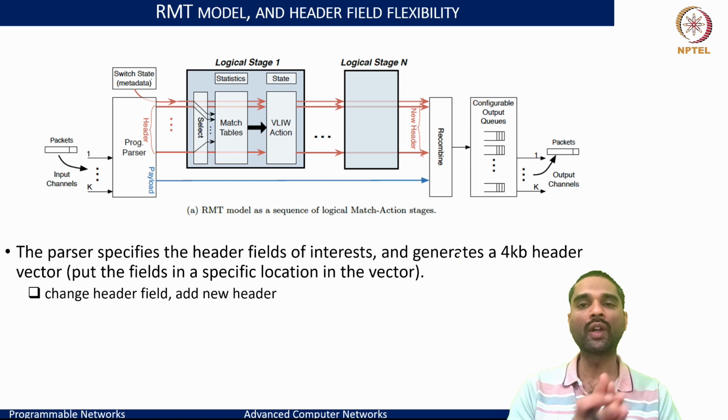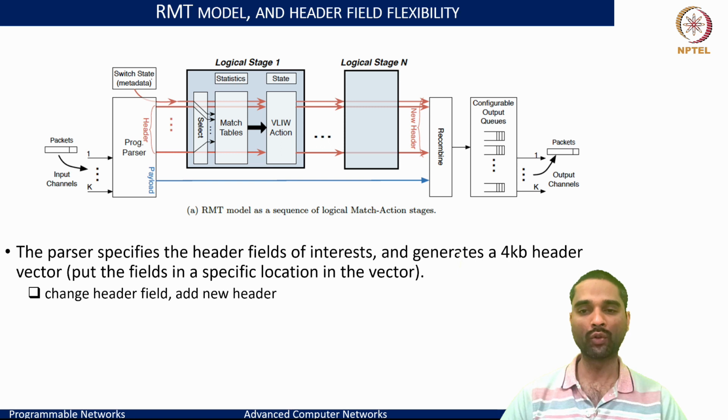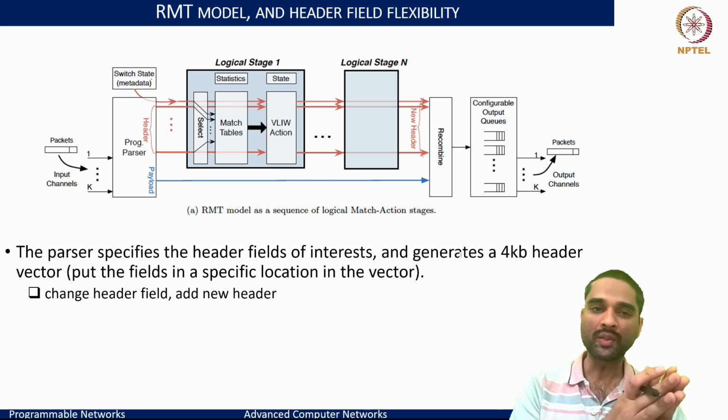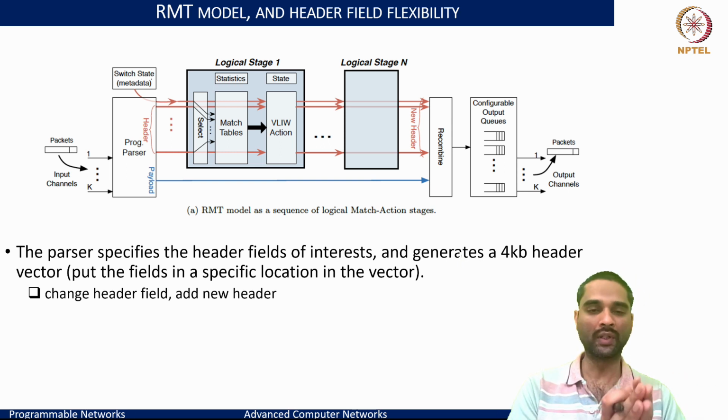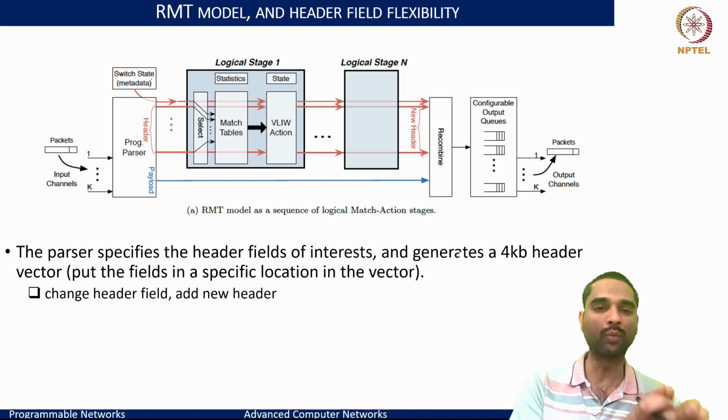And this processing can happen through multiple logical stages. And when we say this processing for the header fields of interest that we want to do, we want to basically look at specific header length. And here the paper tried to say that we can do it as a 4 kilobit header vector that can be put for a given packet.